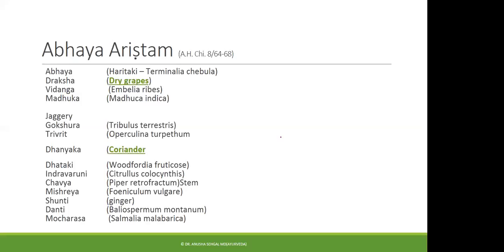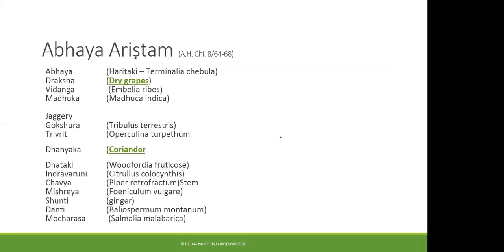So for Pittaja or Raktaja Arśas, you can use Abhayarishta. For Vātaja and Kaphaja as well, it can be used in earlier stages, not as chronic stages. In a chronic stage for Kapha or Vata, you can even upgrade to Avipatikara Churna, but not for Rakta or Pitta. Okay?